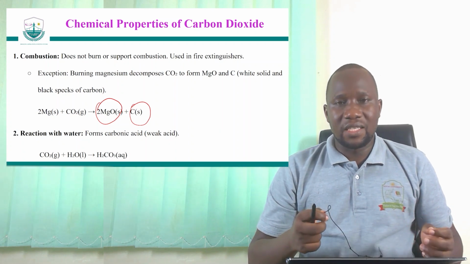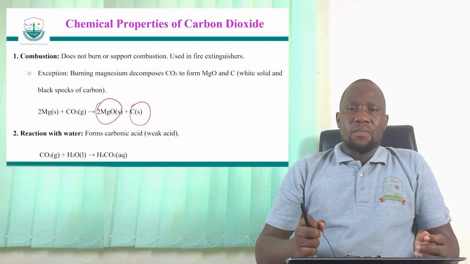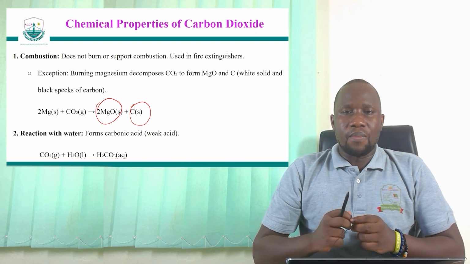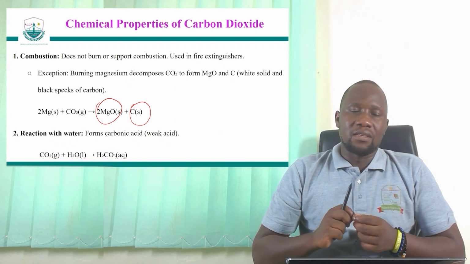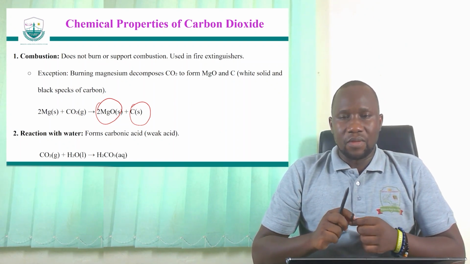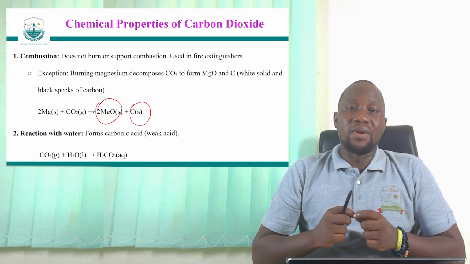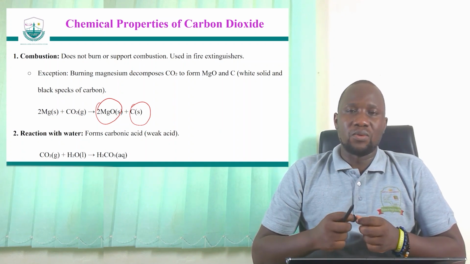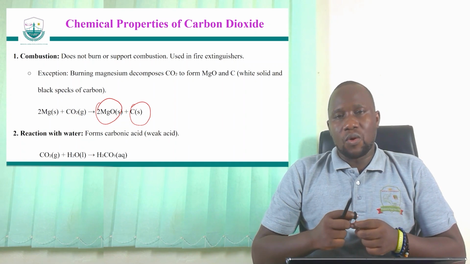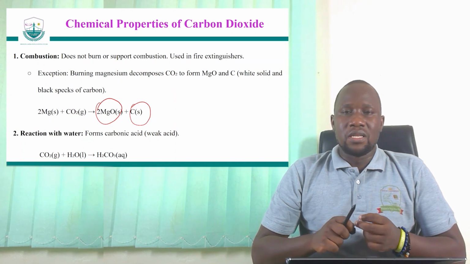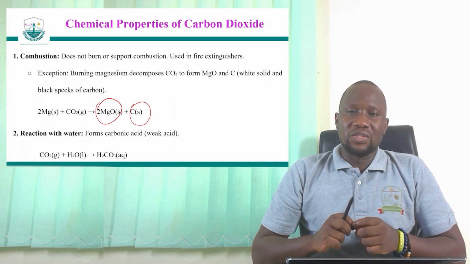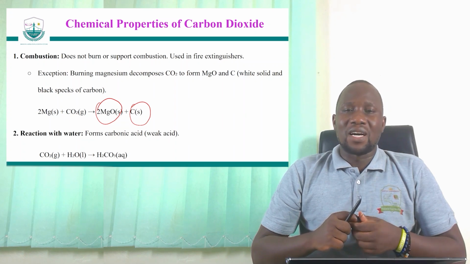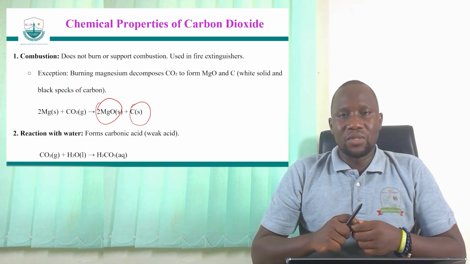So you can still be asked a question, what happens to burning magnesium in the presence of carbon dioxide? You should be able to say that a white solid will be formed, and this is basically magnesium oxide, and black sparks of carbon.